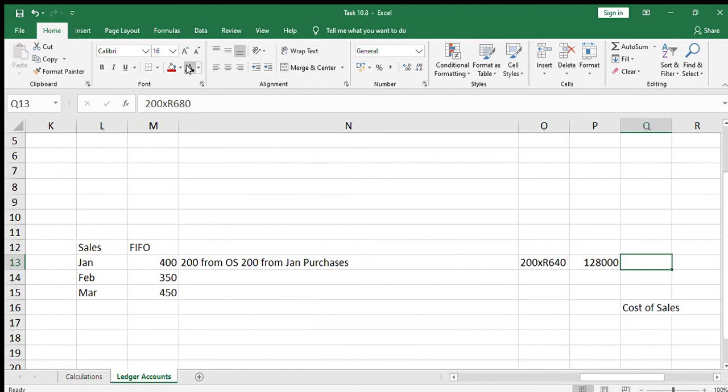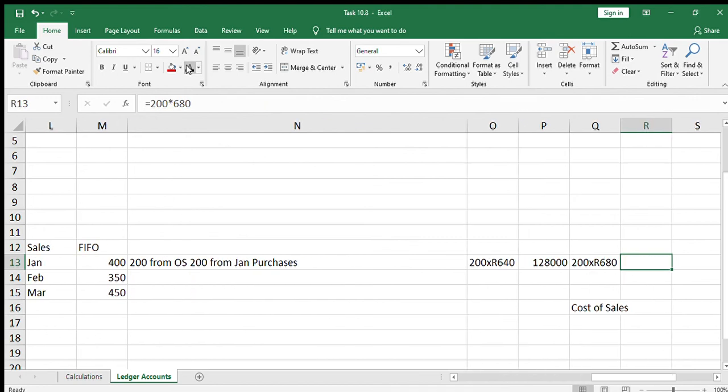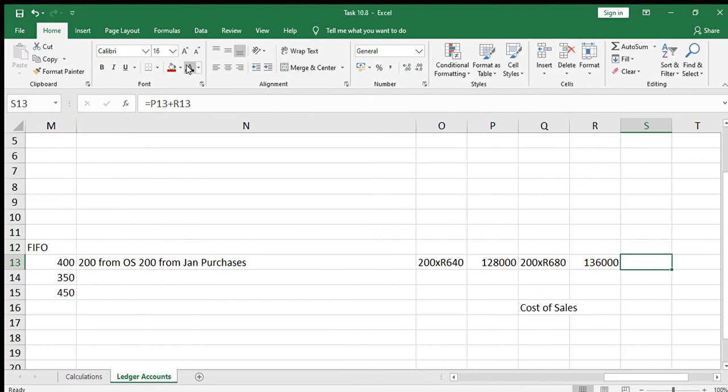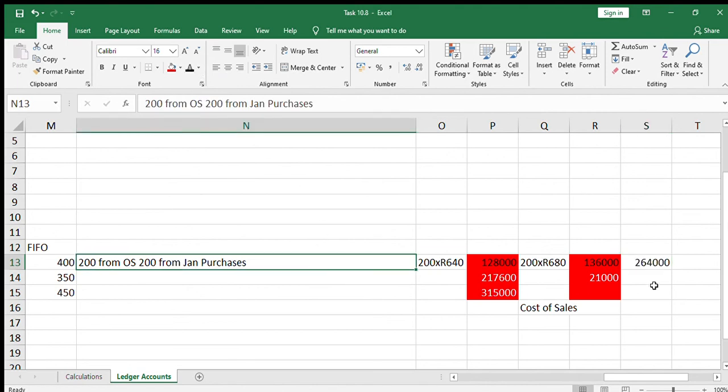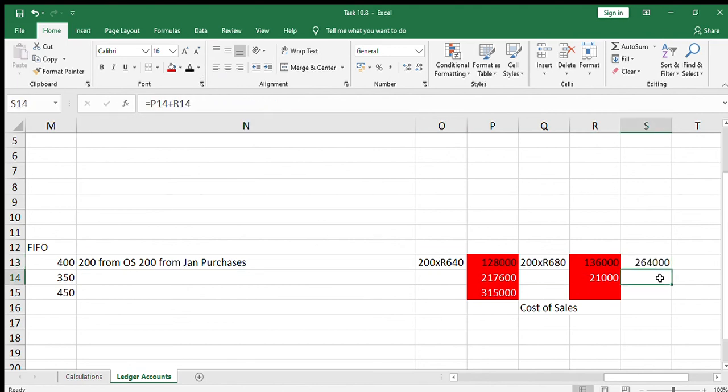Then the other 200 units will be valued at 680, and that gives us an answer of 136,000. Then we're going to add up our two answers, and that will give us the cost of sales for January at 264,000.